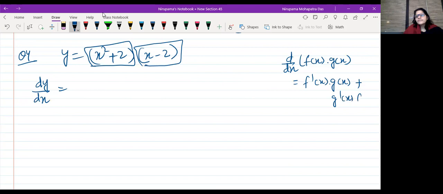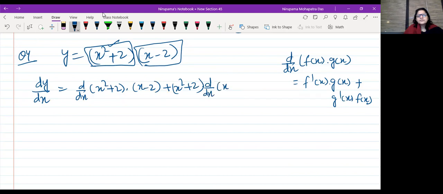So at a time we will differentiate one function and keep the other one free. So d by dx of (x square plus 2) into (x minus 2) free, plus (x square plus 2) into d by dx of (x minus 2).